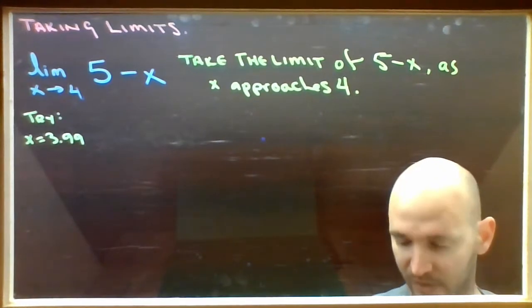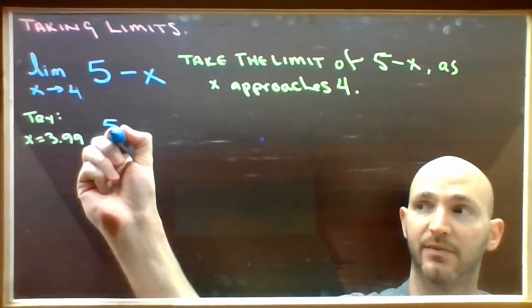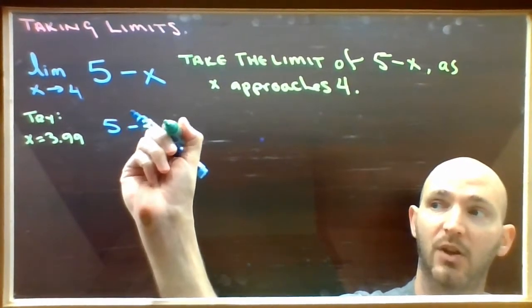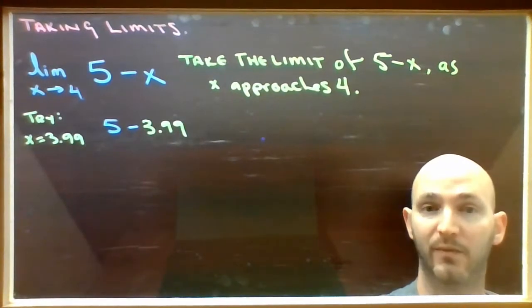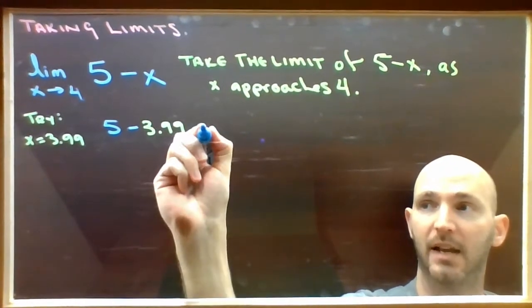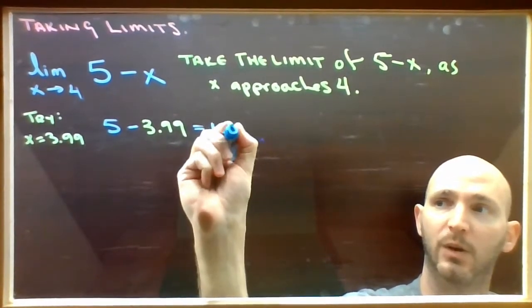In this particular example, I would take 5 and subtract this number that is very, very close to, but not quite 4. And if I did that, I would end up with 1.01.